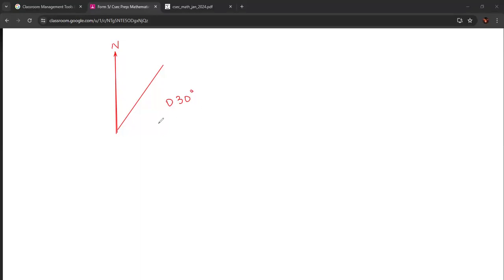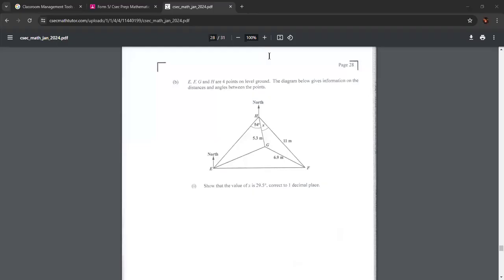I'll read the question. In fact, let me put it up on the screen so you can see it. E, F, G, and H are points on level ground. In this question, picture that they are on the floor. Those points are on the ground.